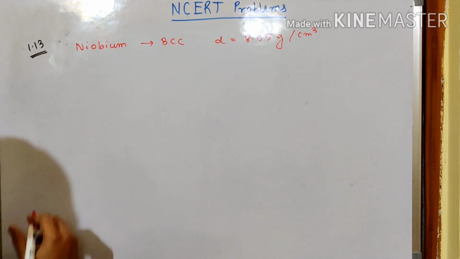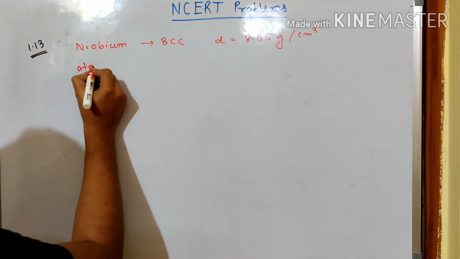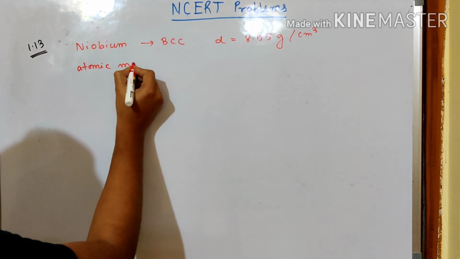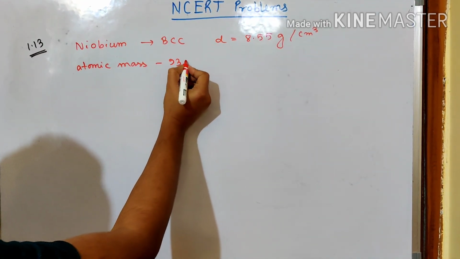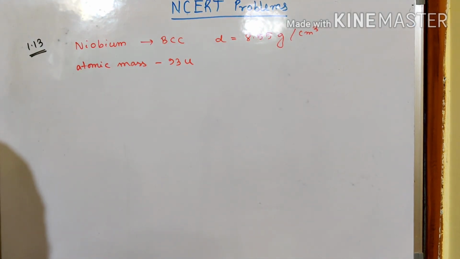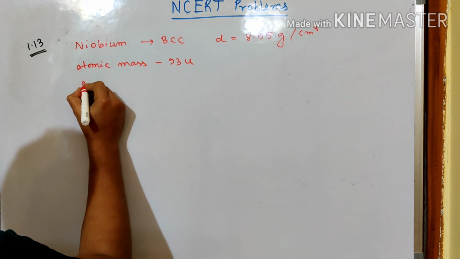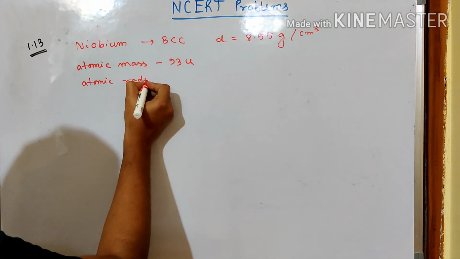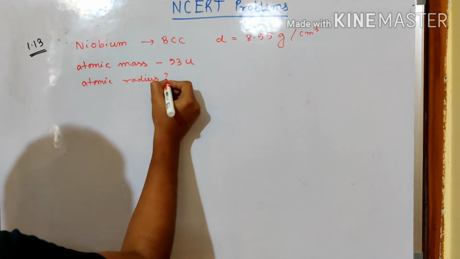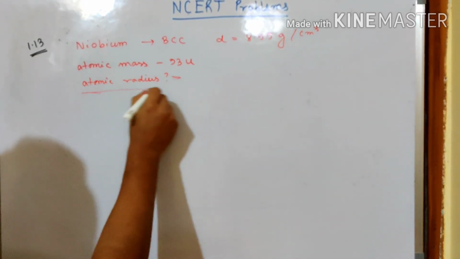Atomic mass is also given as 93 U. We all know what U is. You have to calculate the atomic radius. What will be the atomic radius? That we have to calculate.